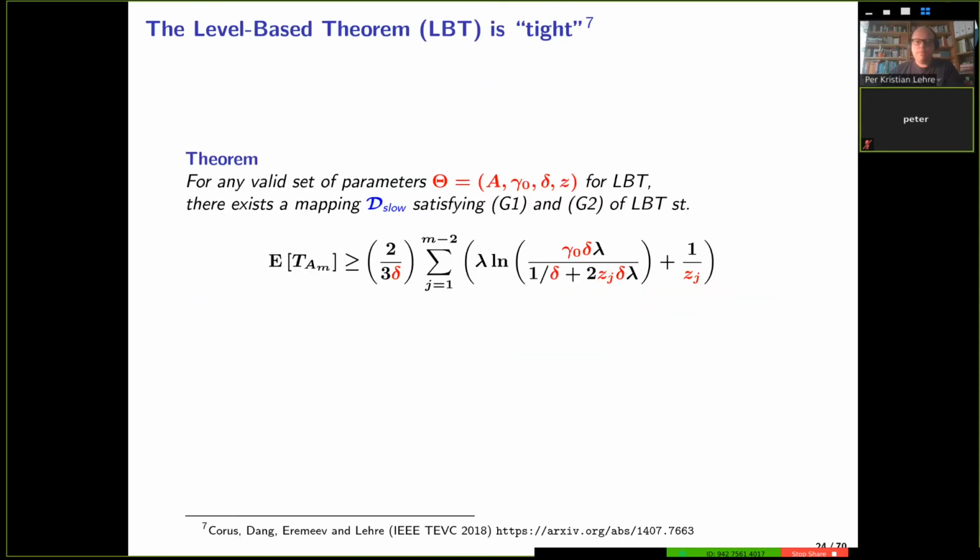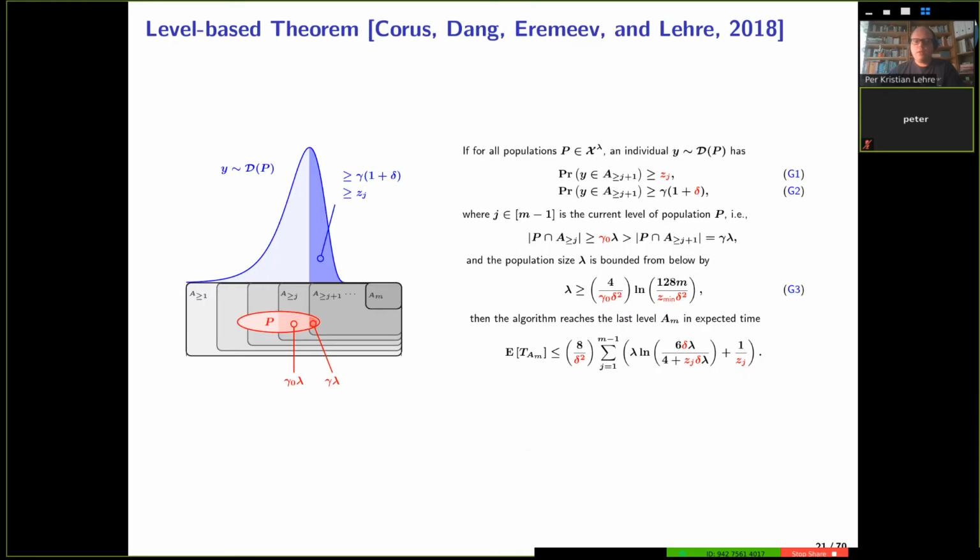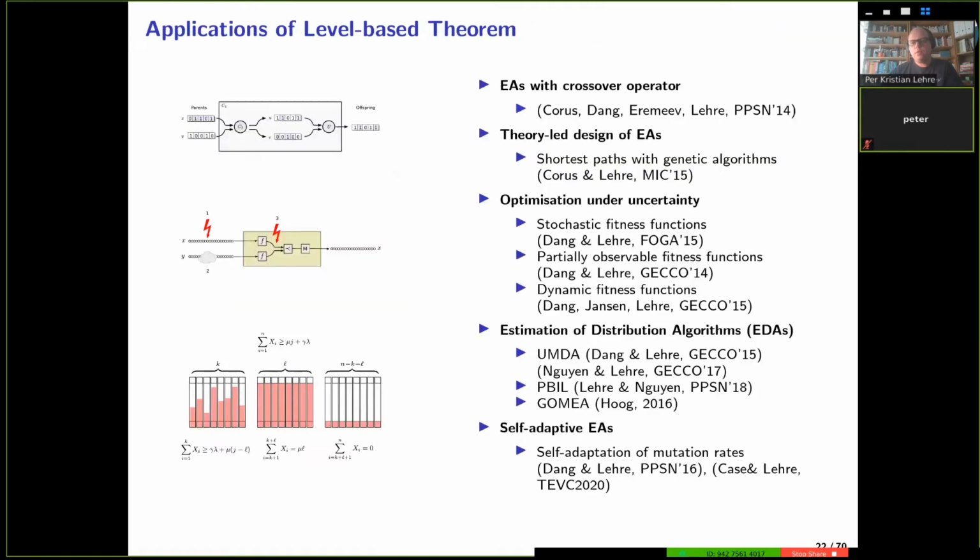Let's say that in a particular application you have chosen a particular partition A, and you have chosen a parameter gamma naught, a parameter delta, and this upgrade probability Z. Then the theorem will tell you the upper bound is no more than this. But it might be that your algorithm is actually much faster than this.